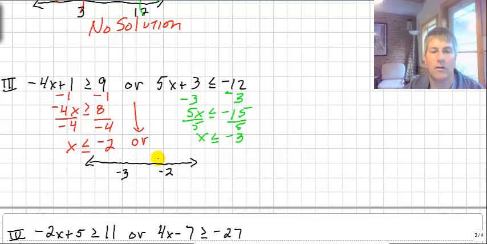X is less than or equal to negative 2, so parenthesis and everything to the left of negative 2. X is less than or equal to negative 3, so everything to the left of negative 3. It's an OR problem, so I want numbers that are less than negative 3 or less than negative 2.